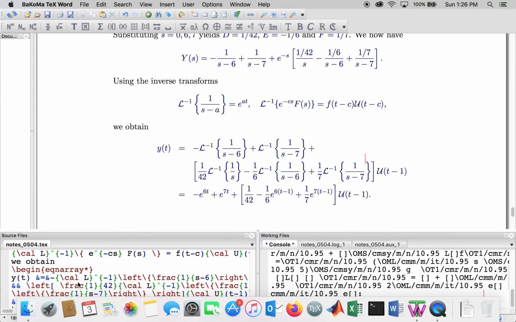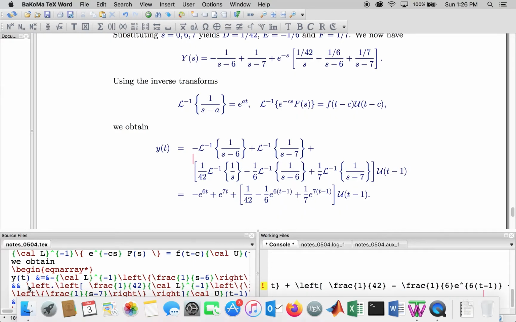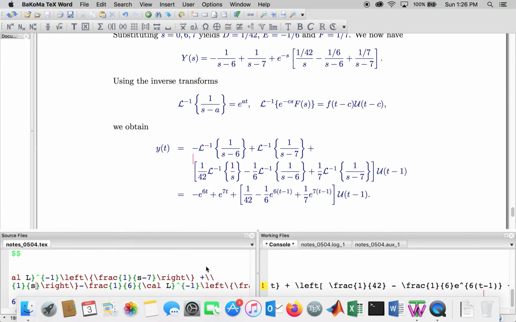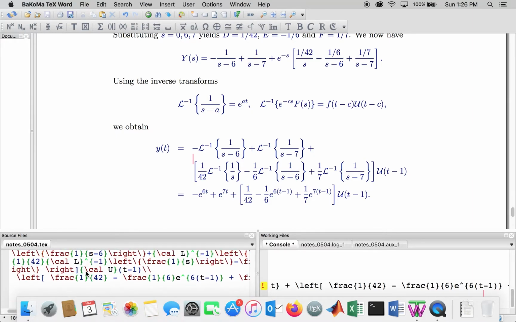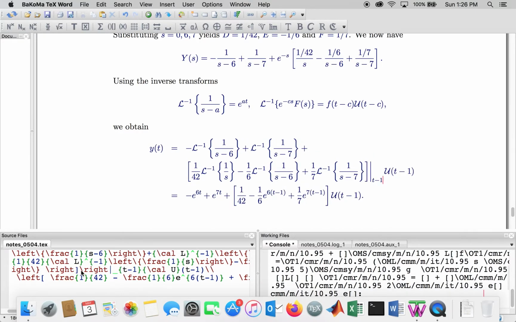But one thing I'm going to make a note of here that must be done once you carry out these inverse transforms is, because we have t minus 1 here, what you get when you inverse transform these terms is a function of t, but you must replace t with t minus 1.